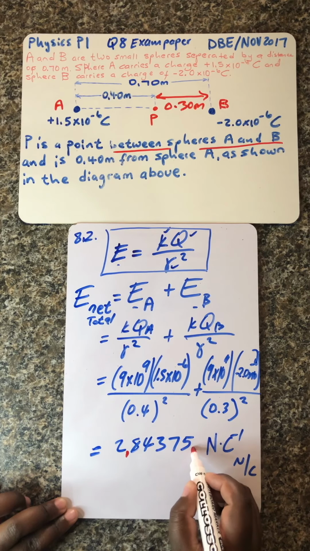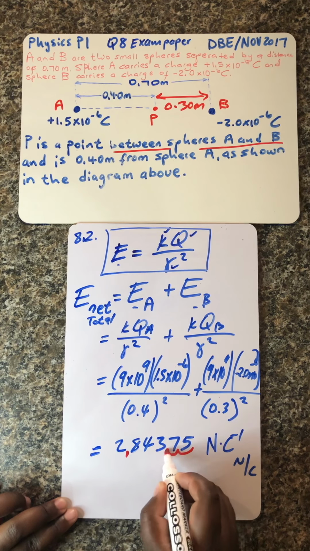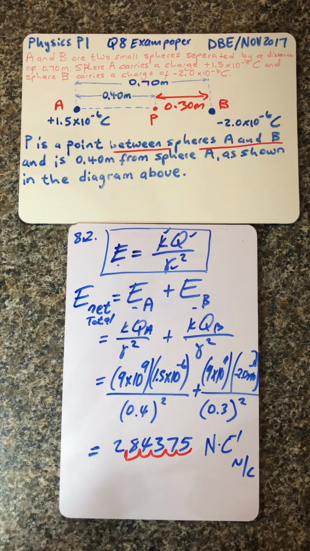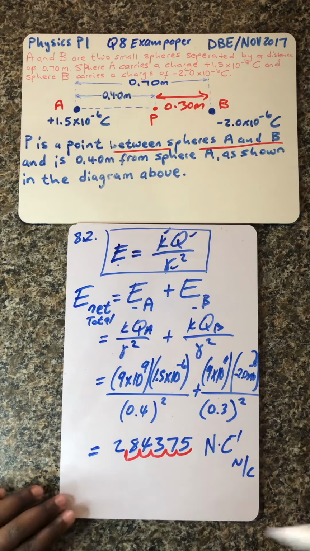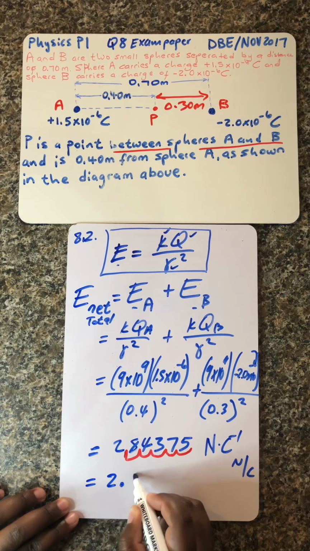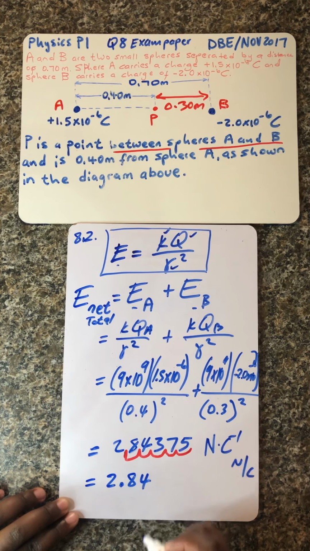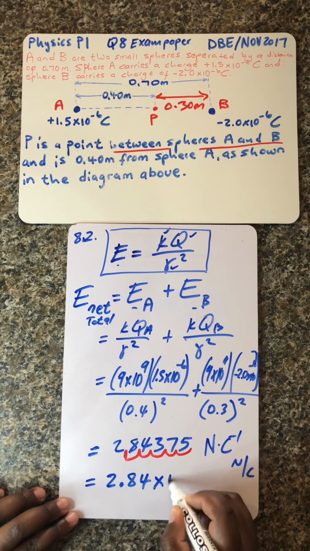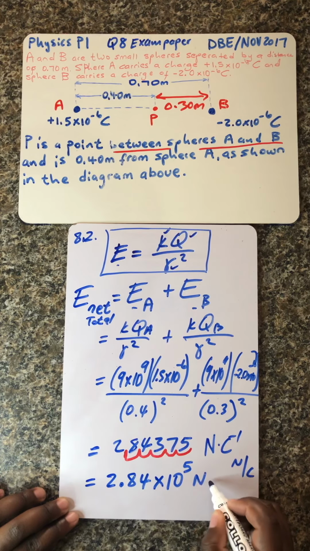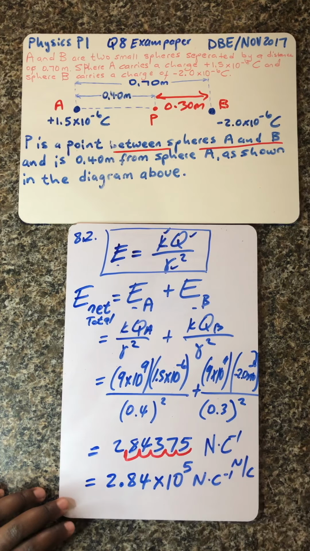So let's see, we've got 1, 2, 3, 4, 5. Okay, so that means this is the same as 2.84 if I round it to 2 decimal places, times 10 to the exponent 5 Newton per Coulomb.